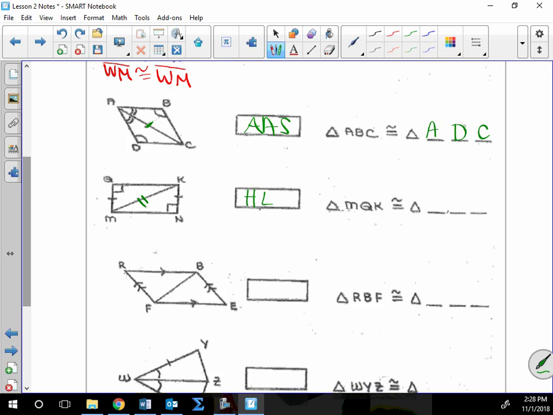Alright. You have to be very careful with this. NQK matches up with which one is it? So we want to make sure that, let's take a look. NQ. What should NQ match up with? KN, yeah.